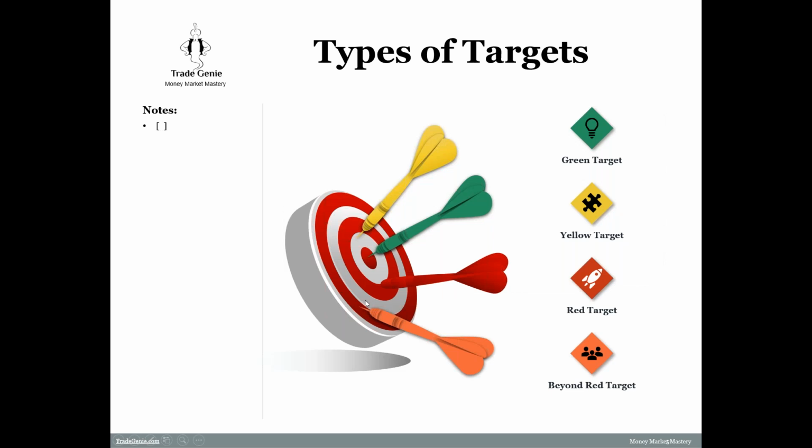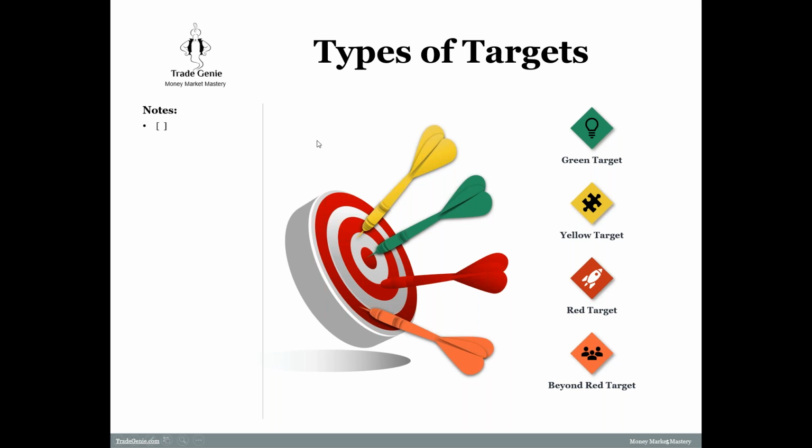We provide three kinds of targets. Multiple targets, and we call them green, yellow, and red. And then there is something called beyond red. When the target is hitting, if we are trading options, we have to see how much the gain is. If the target is hitting and the option gain is reasonable, we exit.